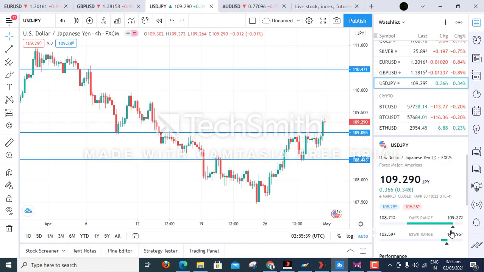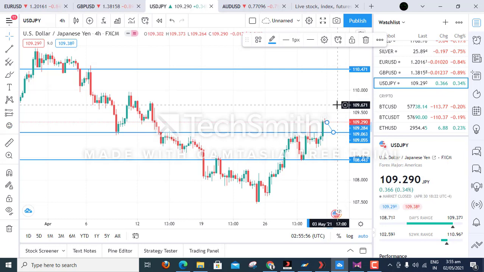On the Dollar Yen, you see I plotted my entry already. What I'm expecting is for price to come down here, to this level, which is going to be my entry.